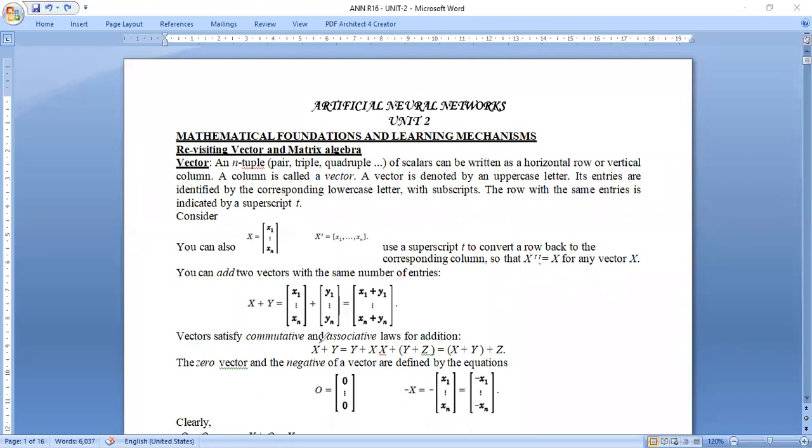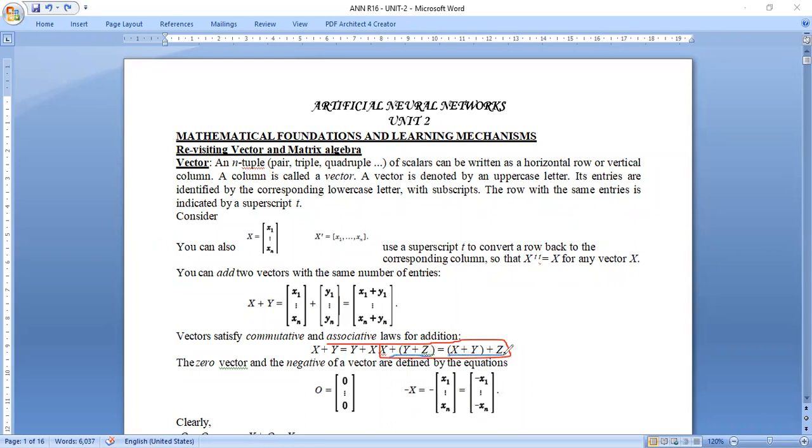And the associative law, just see. This is the associative law formula. What is it? x plus, within parentheses, y plus z equal to x plus y, plus z.